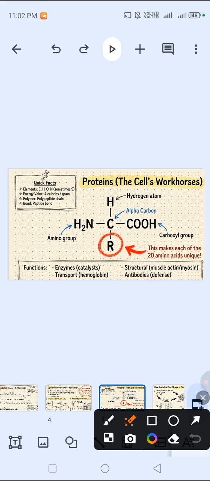And structural, this is also important, found in structures like actin and myosin, which give power to muscle contraction, okay. And there is also another function, defense: antibodies, which protect against infection. So their work is defense.